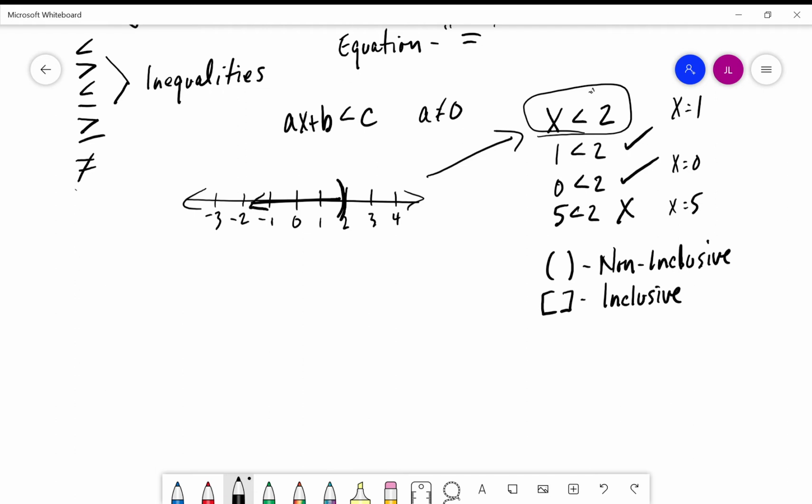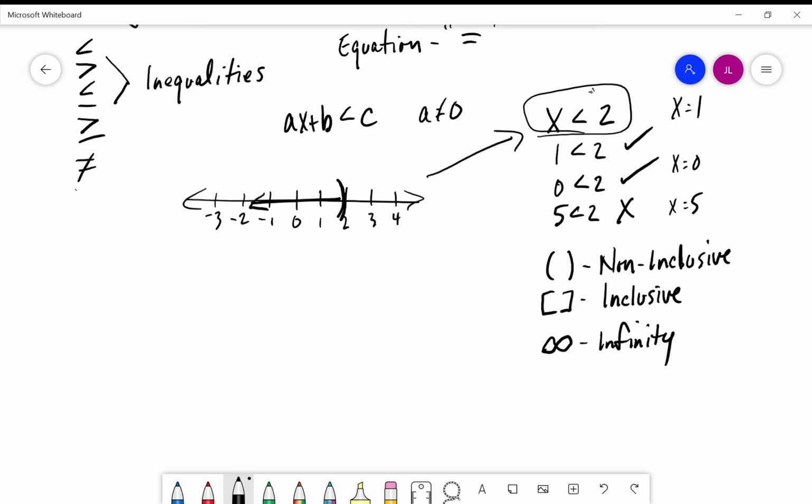Well, in interval notation, one other symbol we need is infinity. What this tells us is that we can go on forever this way, and it's still going to be a true statement. Infinity has no end. Anything less than 2 would solve this, and we can go infinitely smaller and smaller in numbers and still have a true statement.